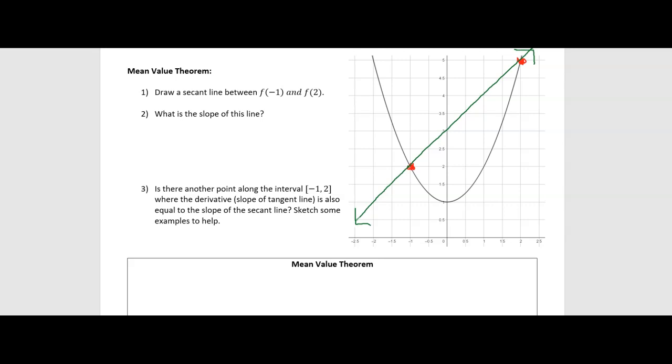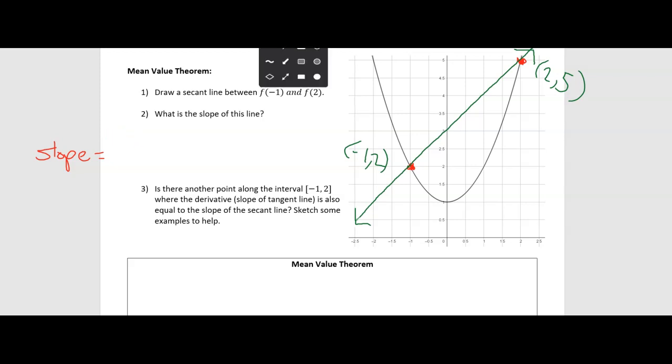And part B asks us to find the slope. So I'm just going to use these 2 points. Let's label them first, negative 1, 2. And we've got 2, 5. Slope is equal to f of 2 minus f of negative 1.